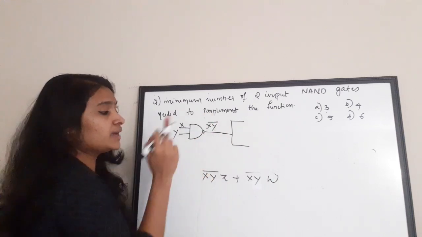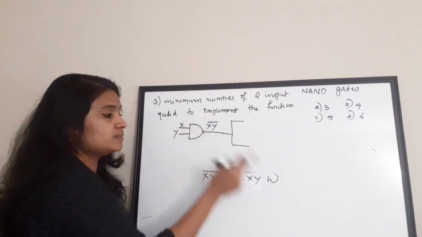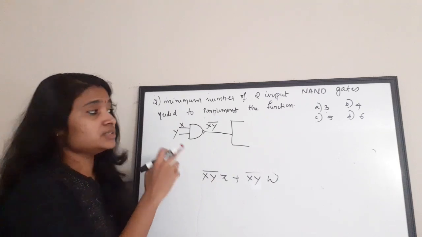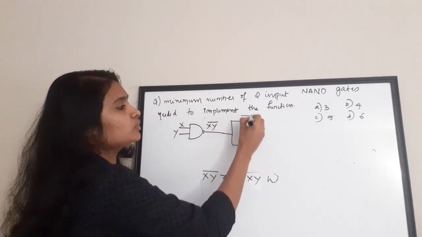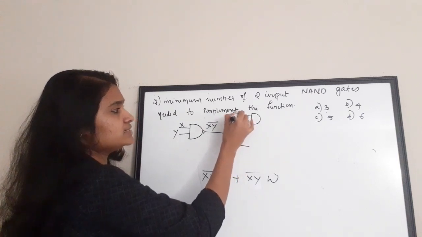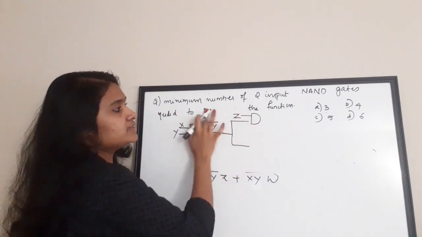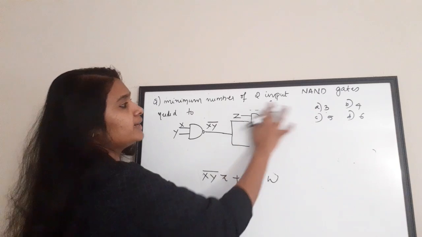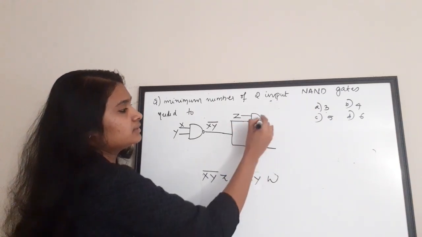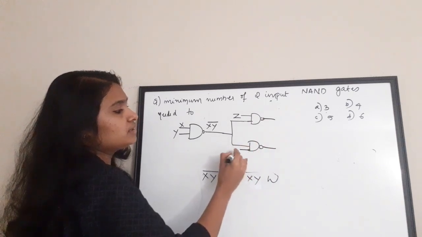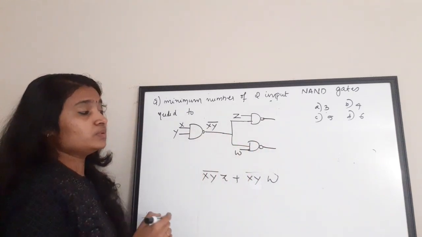Along with this term I need a Z, and along with this term I need a W. So I need to feed this to another 2 gates. One gate I'm going to apply a Z, and for the second NAND gate I'm going to apply a W.